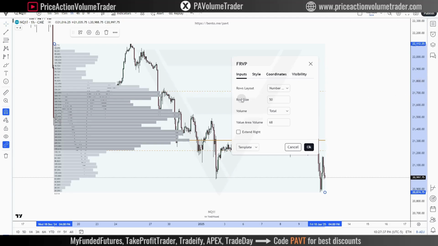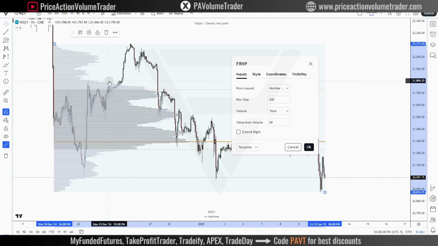So if I put row size 50, that means for this whole range of prices of the profile from here down to here, I'm only going to have 50 rows on my profile. Whereas if I increase this to 200, now I'm going to have 200 rows, okay?